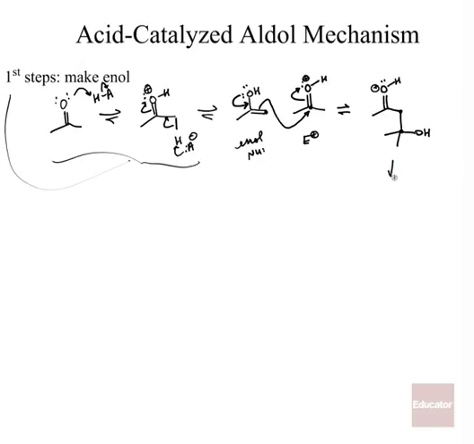Looks like we just have to deprotonate. So we'll bring A minus back in here. And we're done. There's our aldehyde. So once we made our enol, then we protonated the carbonyl, we attacked the carbonyl, and we deprotonated the carbonyl. Okay, but it's going to be a little longer mechanism to get where we want to go.